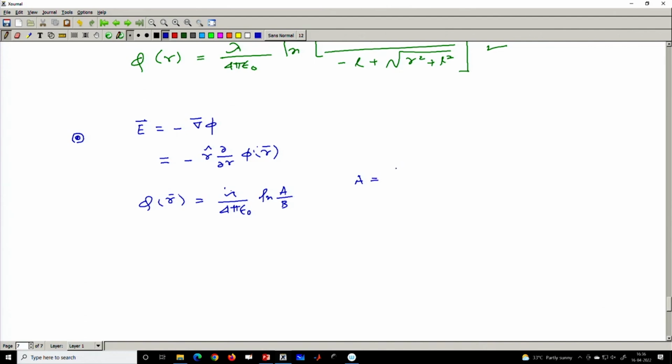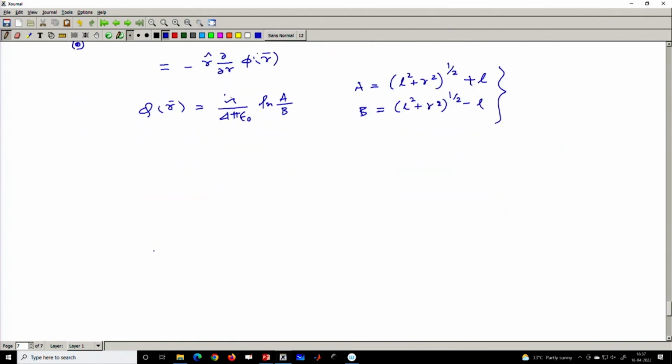A is simply (L square plus R square) whole to the power half plus L, and B is (L square plus R square) whole to the power half minus L. This is my A and B.